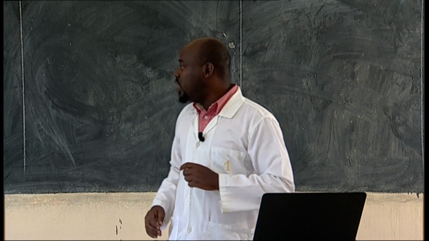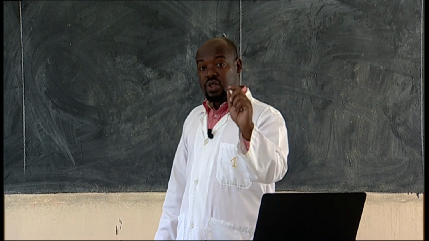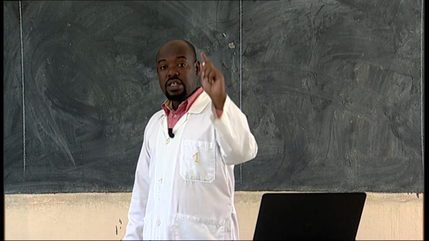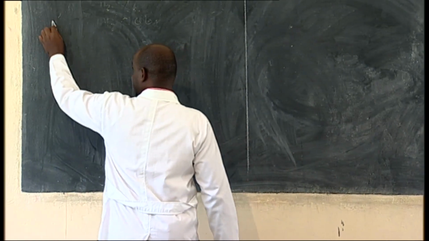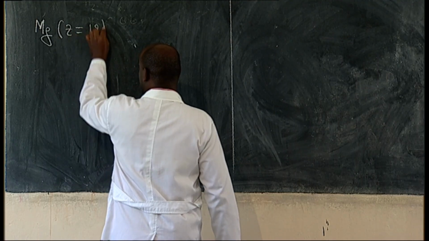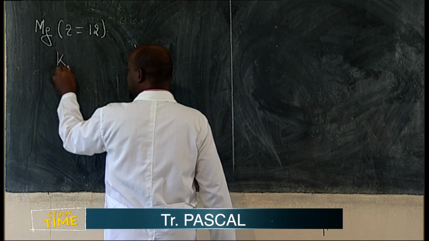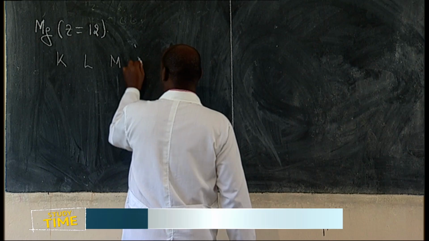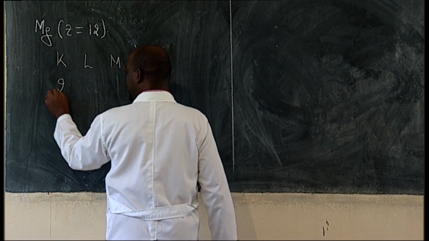Now, let us write the electronic configuration of magnesium so that we can deduce the period and group to which magnesium belongs. Magnesium has the atomic number 12. And for the electronic configuration, we have electronic shell number 1, K, L, M, N. In the first, we can have a maximum of 2.